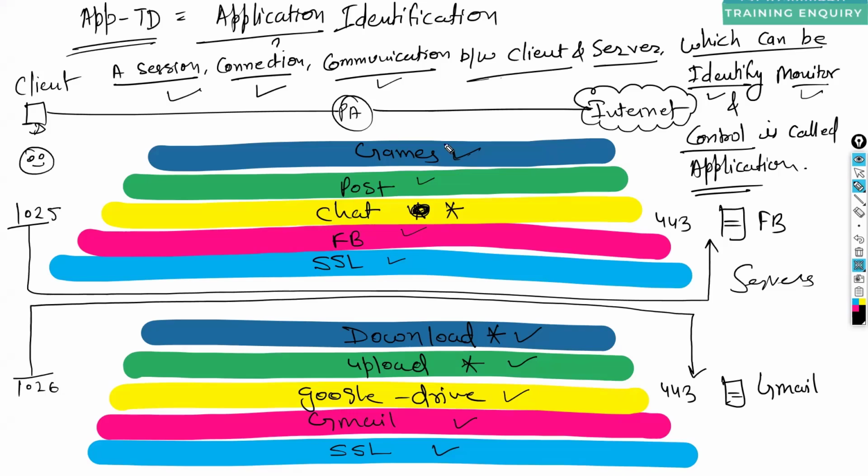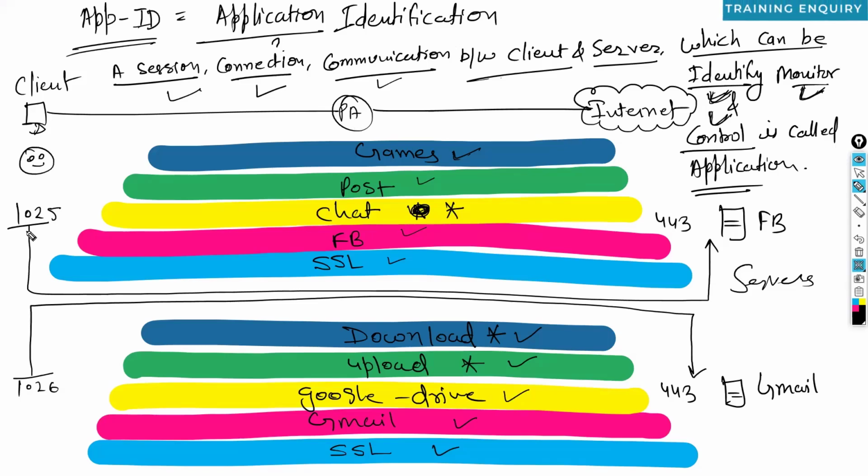Palo Alto Firewall can identify the applications, as well as monitor them and control them. When we are identifying, monitoring and controlling the applications, that is called App ID, application identification.